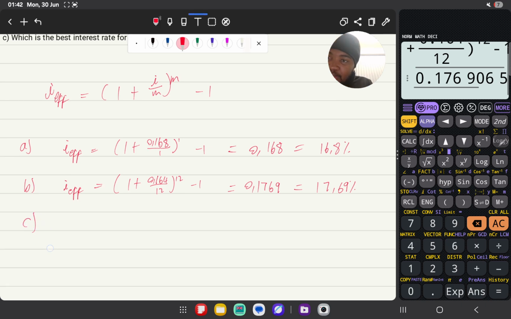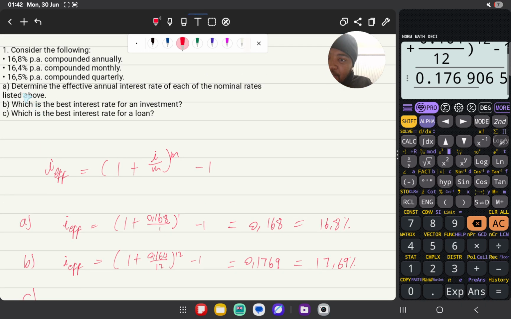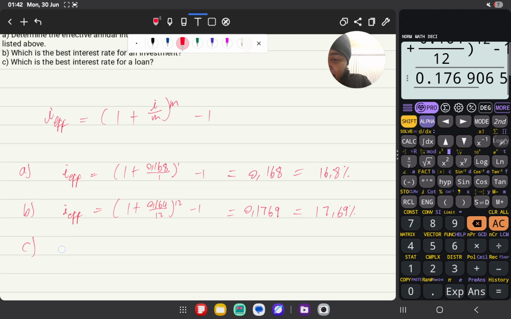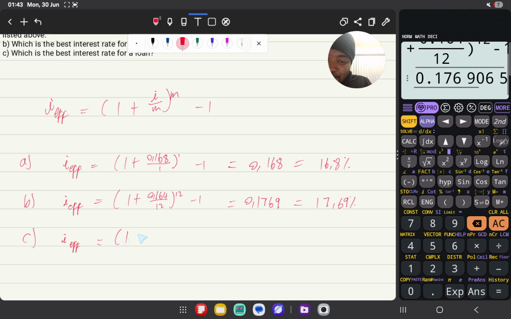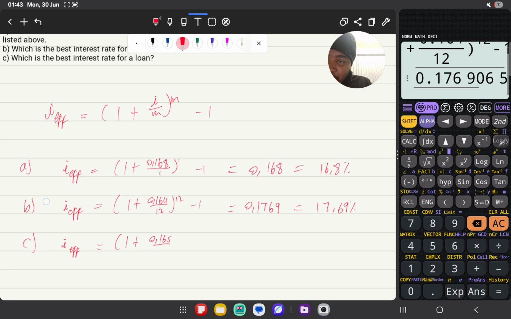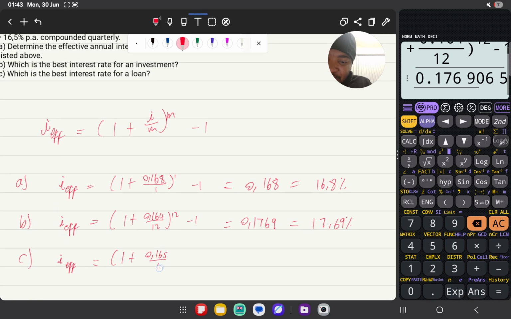And then C, it's 0.165. This one is quarterly, so that is 1 plus 0.165 divided by 4, to the power of 4, minus 1.